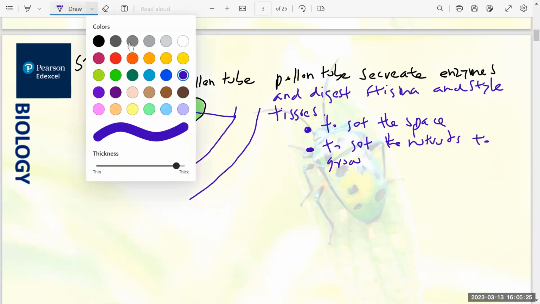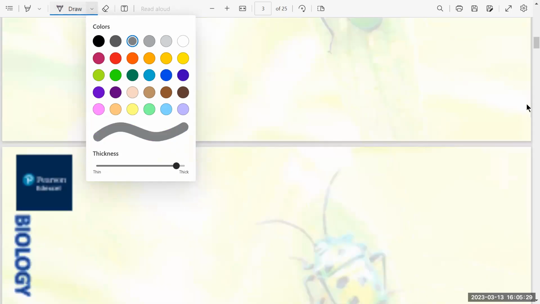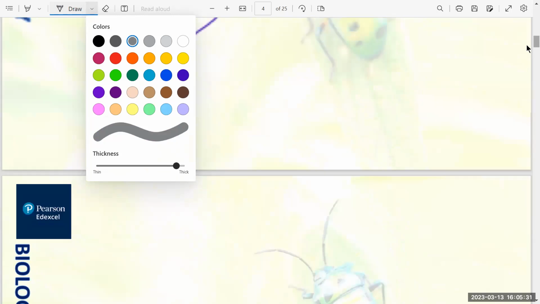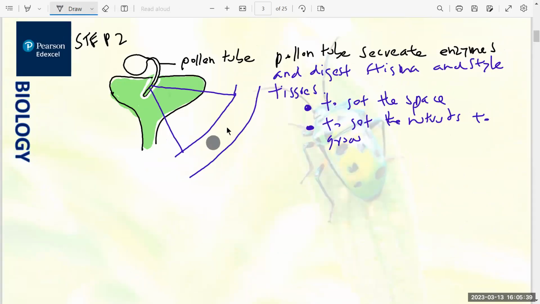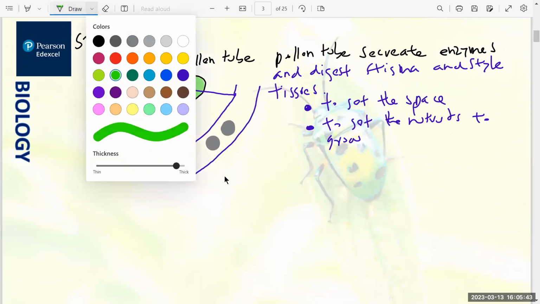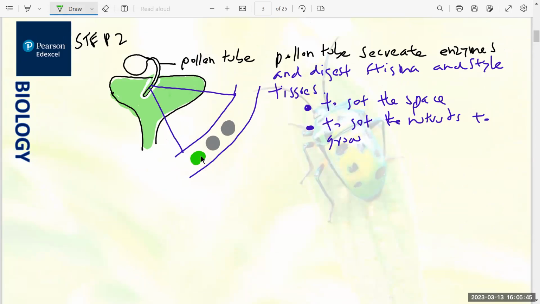Okay, then I can see two generative nuclei, and the tube nucleus is in the front.